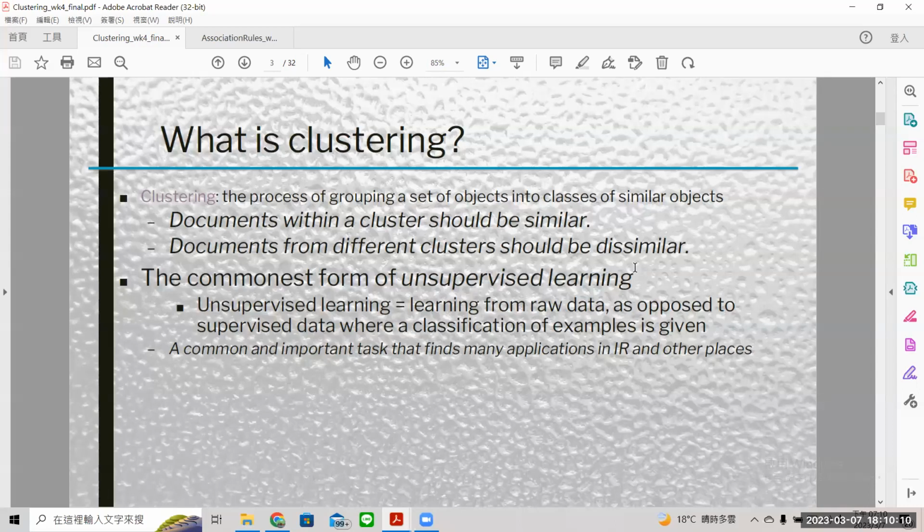We have a very basic concept before clustering: the samples within a cluster should have very similar characteristics. And if the samples are from different clusters, they will vary very much. I think that is the basic concept of clustering.